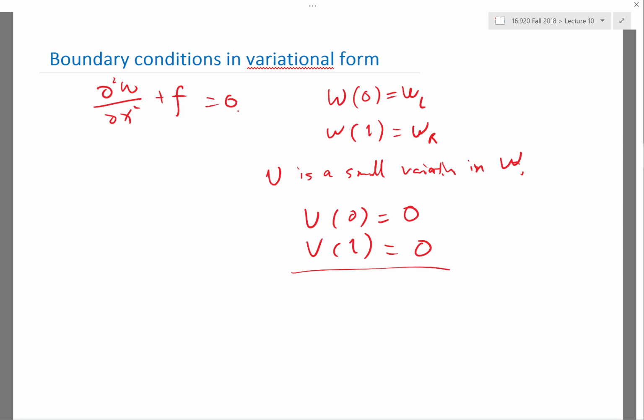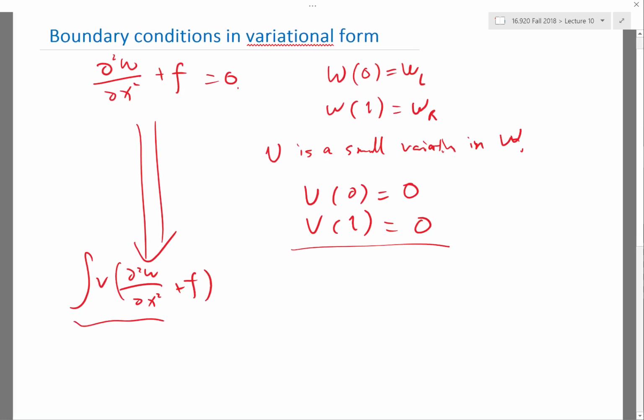So that's what is satisfied by V. Then we are still going to go through the same analysis. The boundary condition part, I'll just show you.